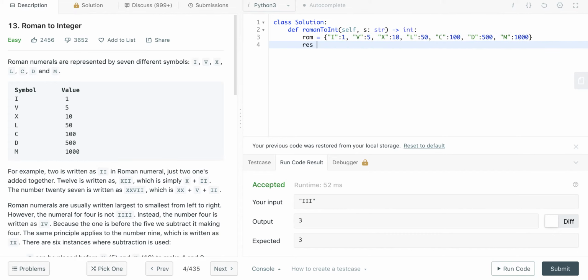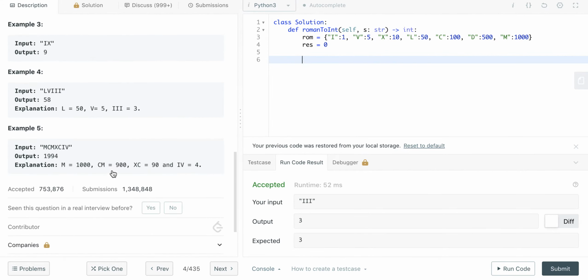Okay, so let's set our result as 0 first. We will go over every digit in the Roman number one by one. So for i in range length of s, if i is larger than 0, so we need to do the comparison from the second one.